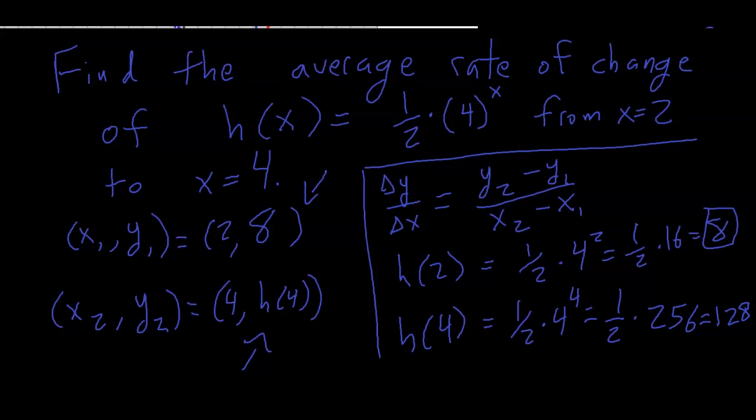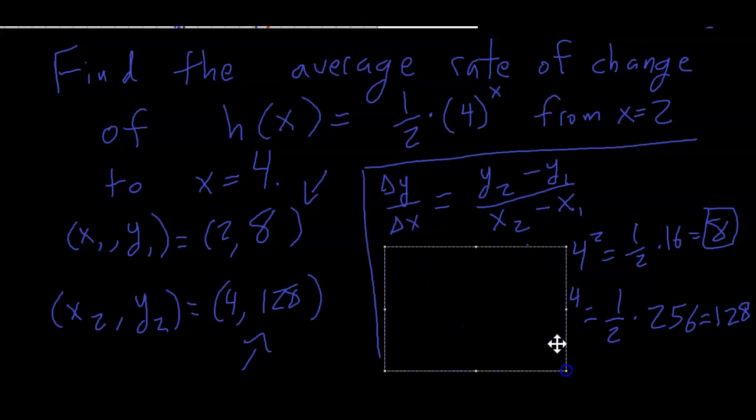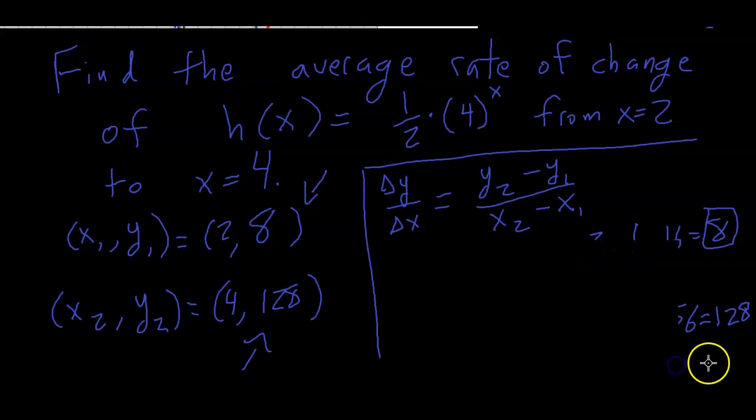All right, so now we can erase h of 4 because we know what the value of h of 4 is now, right? It's 128. Excellent. So we have our first data point and we have our second data point. And of course, we can use those to calculate the average rate of change of h of x from x equals 2 to x equals 4, right?